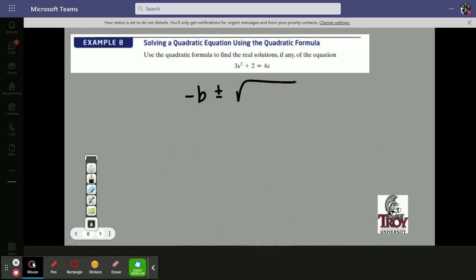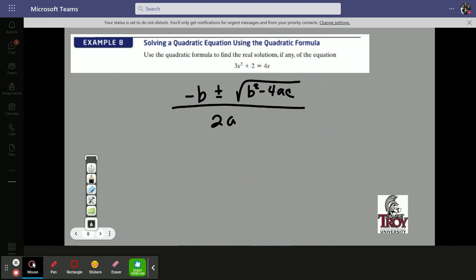Square root all over 2a, right? So if I've got 3x squared plus 2 equals 4x, I need to write that in my quadratic form.